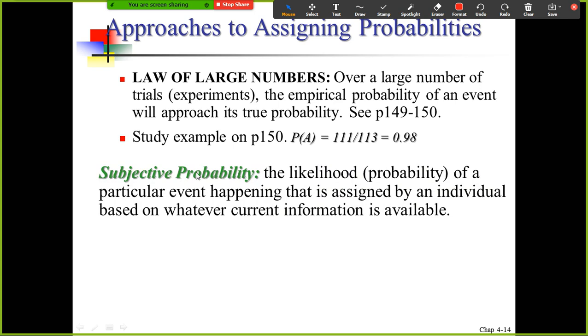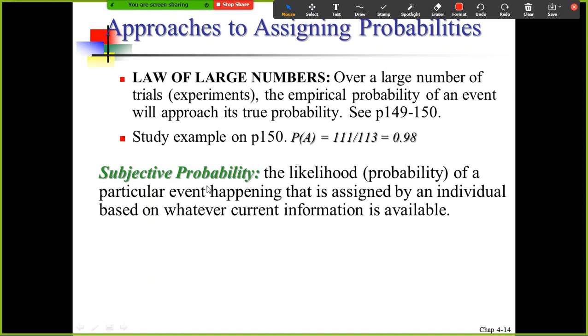The other one is subjective probability. First we looked at objective probability, which is subdivided into two: classical probability and empirical probability.